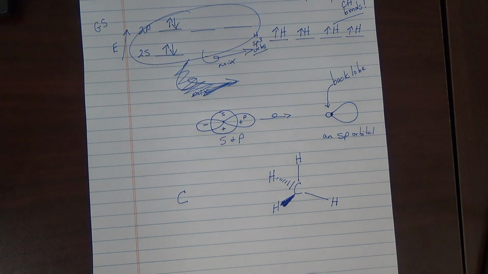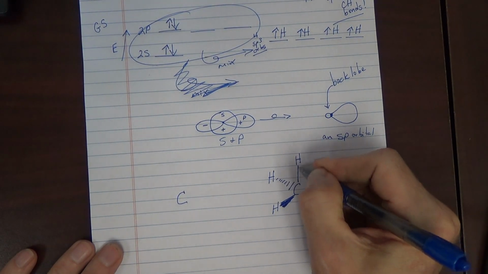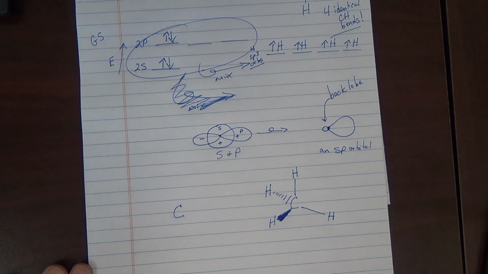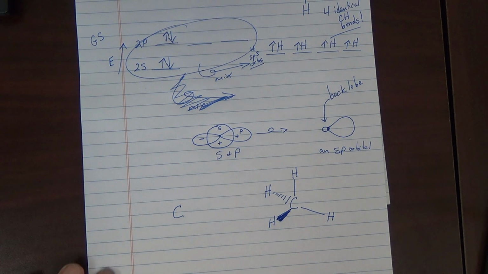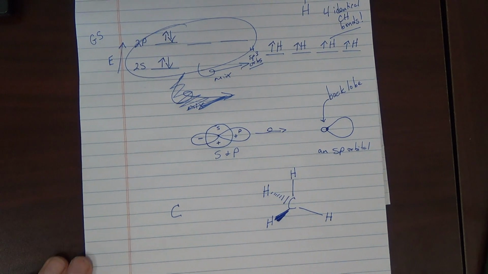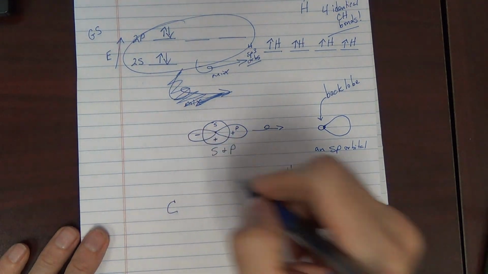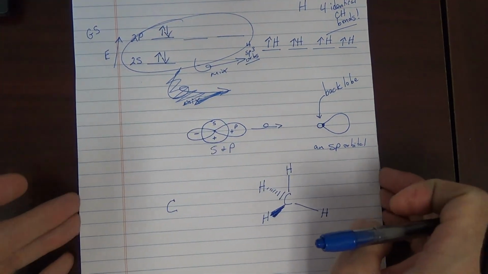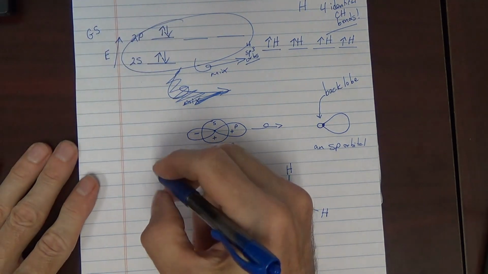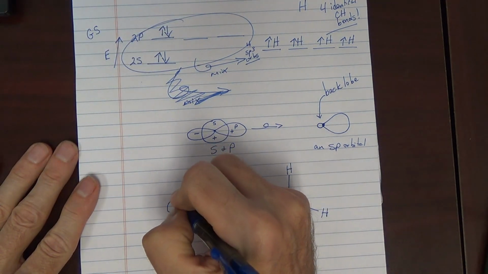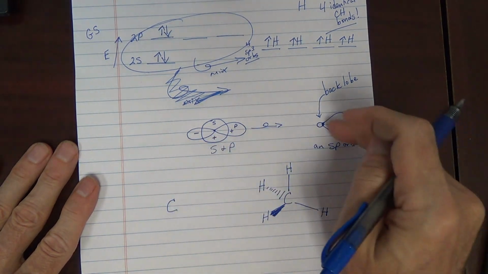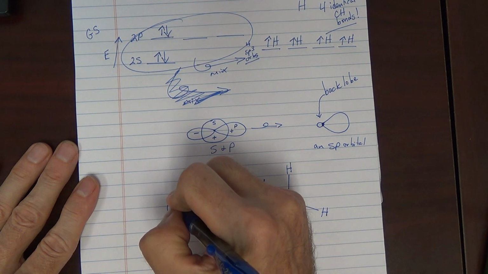Now let's back up and show this. Instead of a dashed line for the 2 electron covalent bond, let's create these bonds by overlap of orbitals. If I was in class, I'd maybe draw it and then erase it and try to get it better. I'm going to try to do it well from the start here. 4 of these, and I'm not going to worry so much about the exact shape.